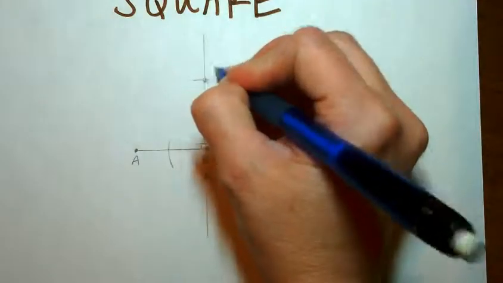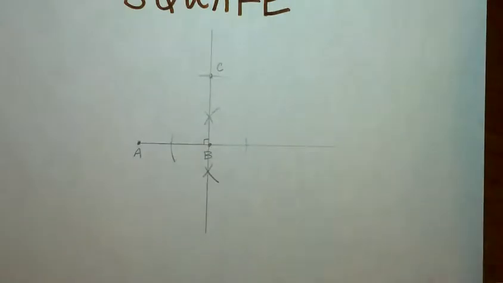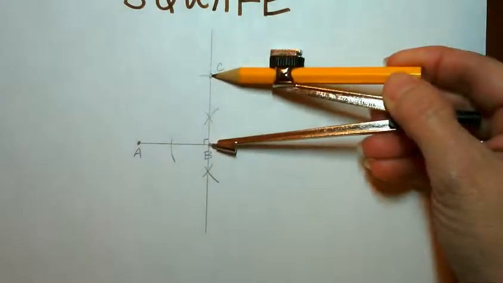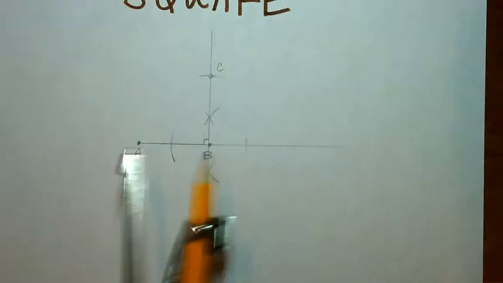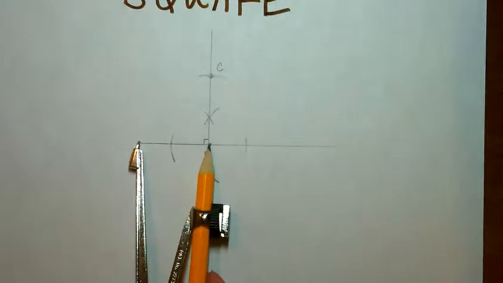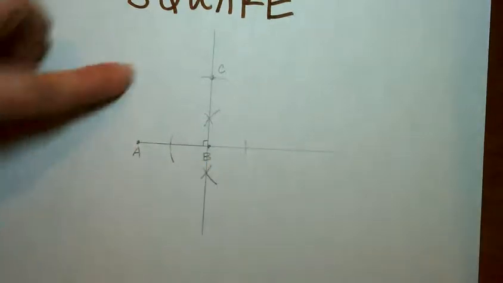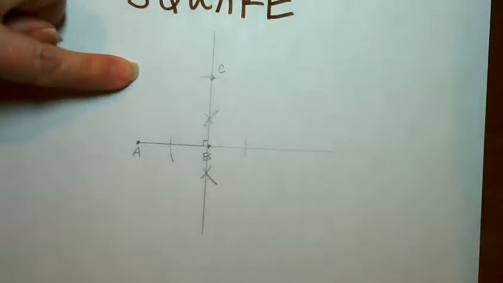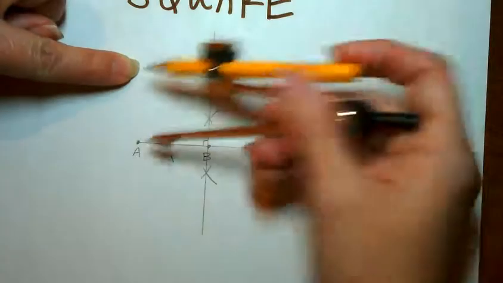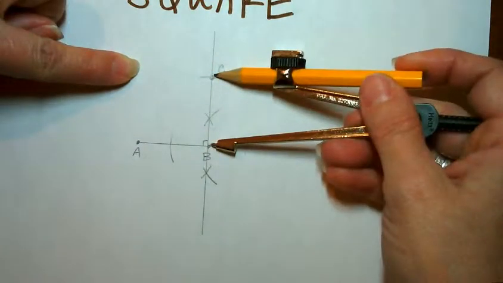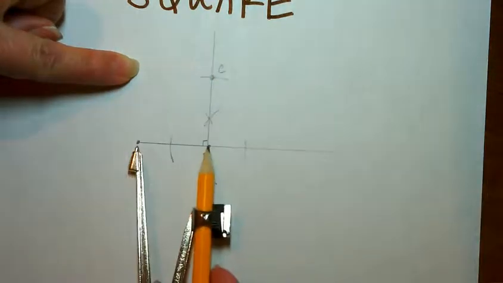And now I'm going to call that point C. So now I've made side BC, which is the same length as side AB. The last thing I need to do is find point D out here, and I can do that using the same measurement that I used for those 2 sides.